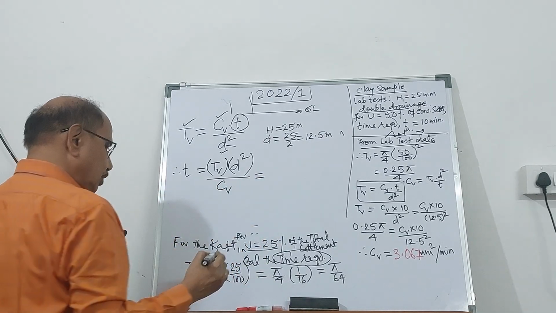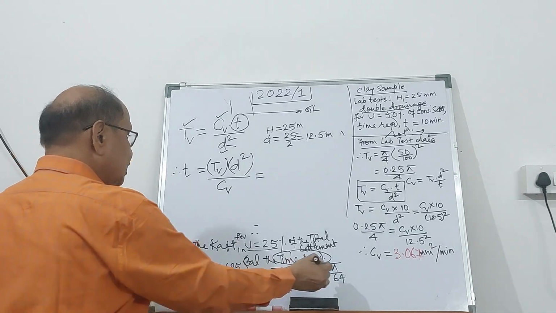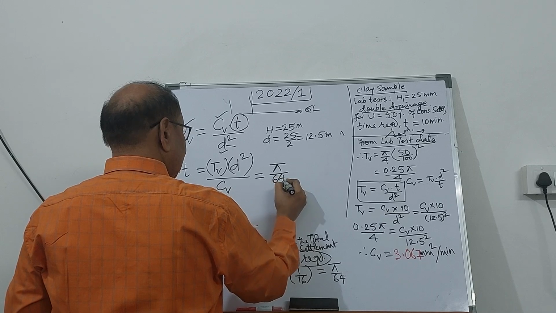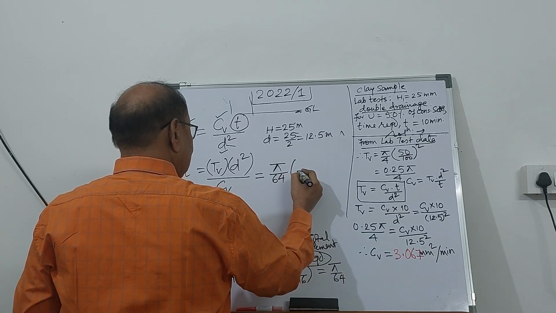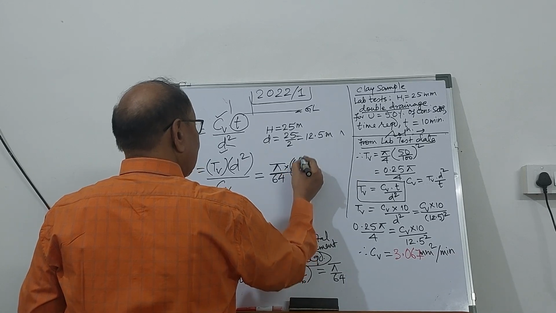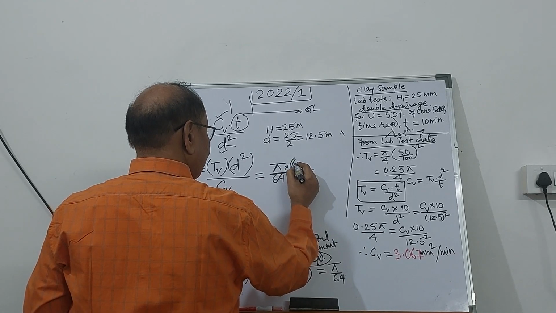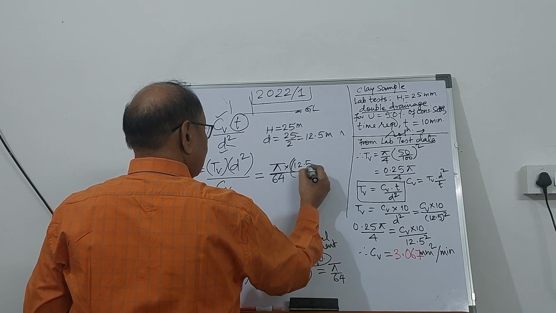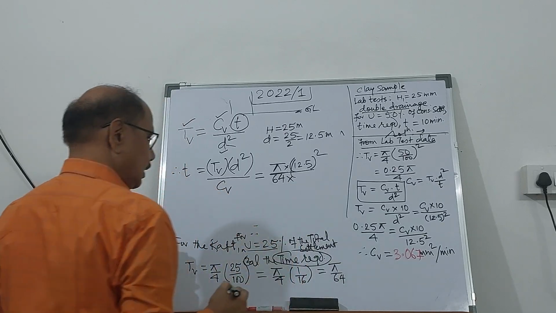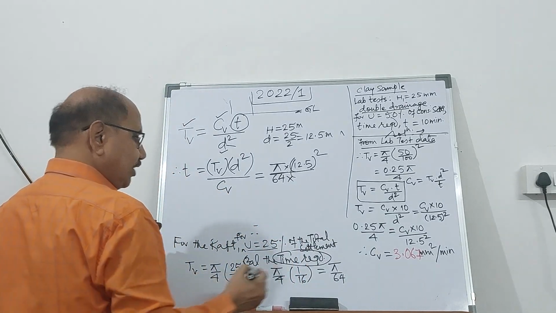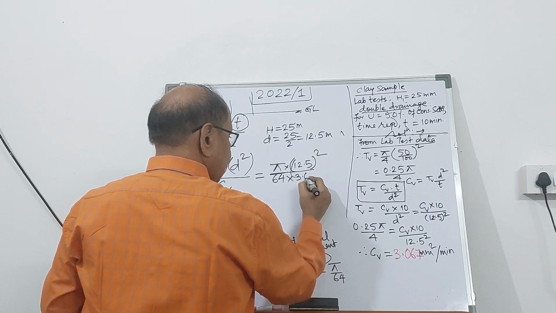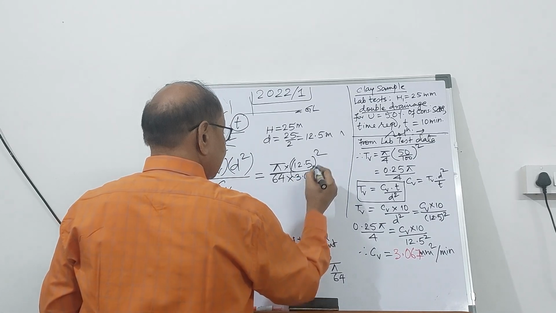So if I substitute the value, TV is pi by 64 and drainage path is 12.5 whole square into CV value is 3.067.